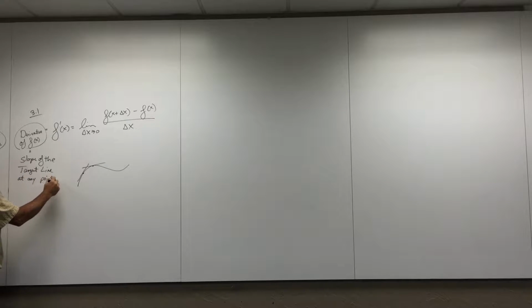Sometimes I try to keep the words to a minimum, but that's what it is. It's pretty cool. It's a little formula. It's a new function, its own new function. It's the derivative of some original function, and it's the slope of the tangent line.